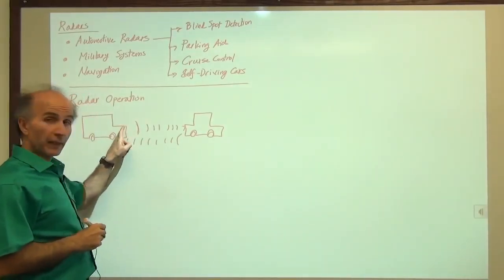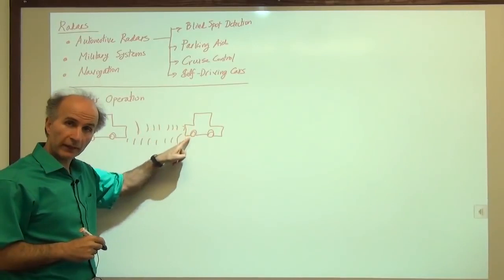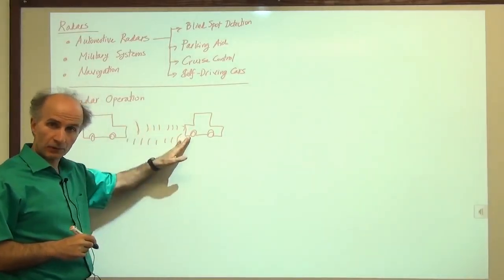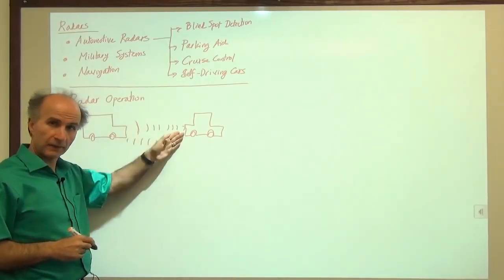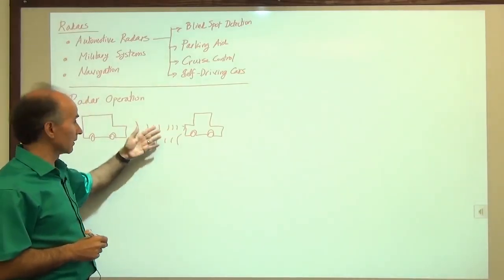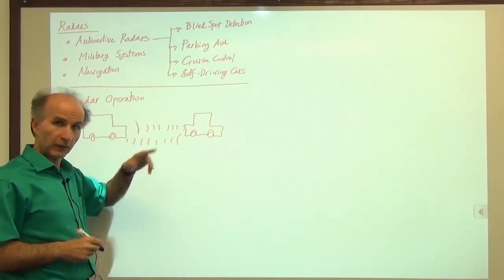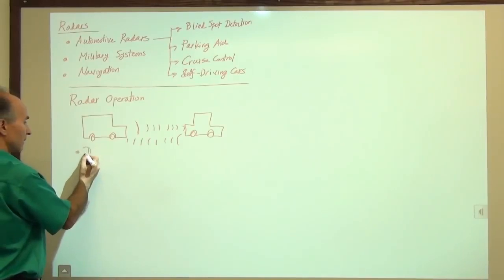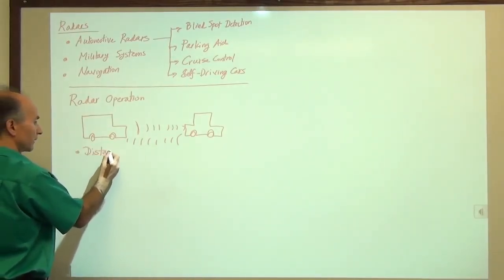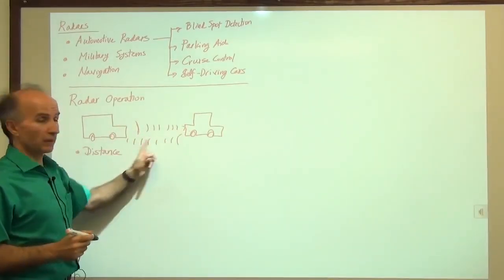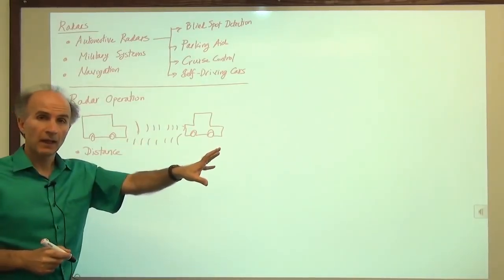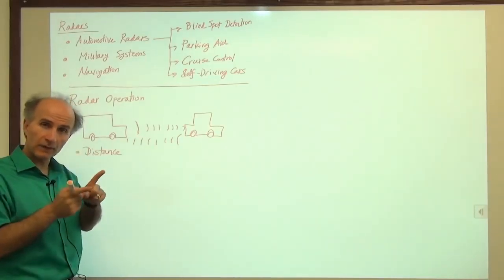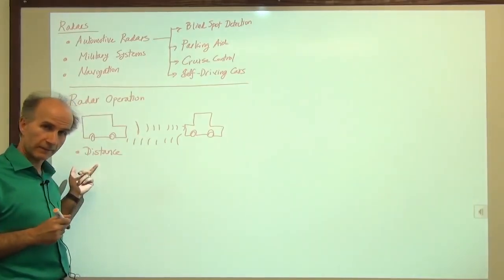So from the time that this wave takes to go there and come back, this is called the round trip time, we can determine the distance between these two. Not a big deal, right? Light velocity times the time divided by 2 gives us this distance. So we can determine the distance from the round trip time of this wave. We send the wave and we wait for it to come back. As soon as we receive it, we measure the time difference, and from there we can find the distance.